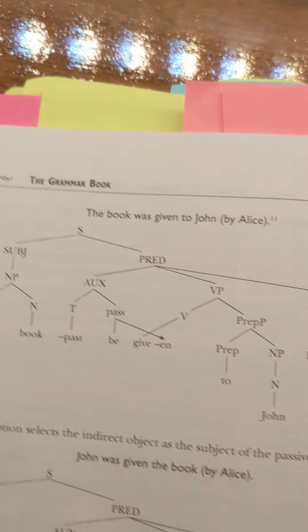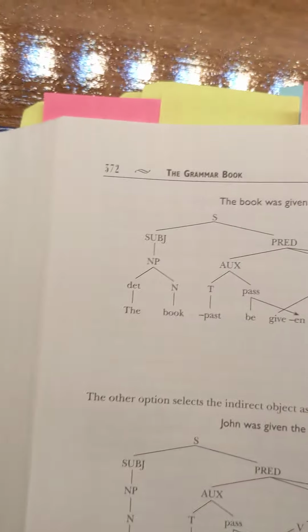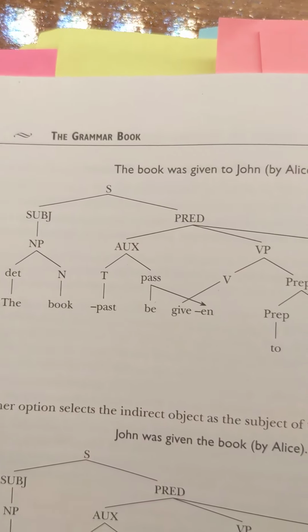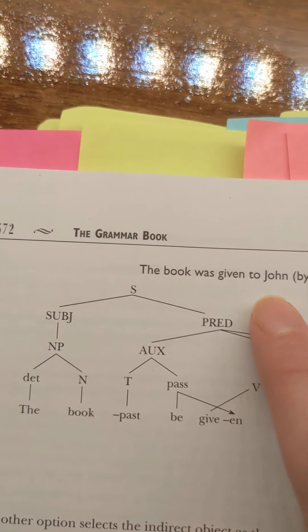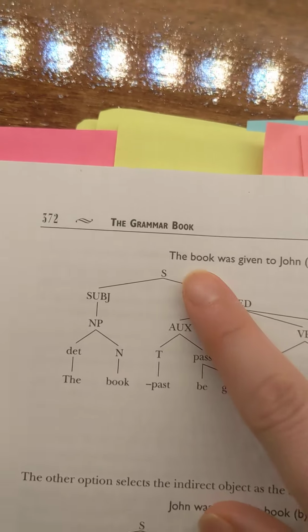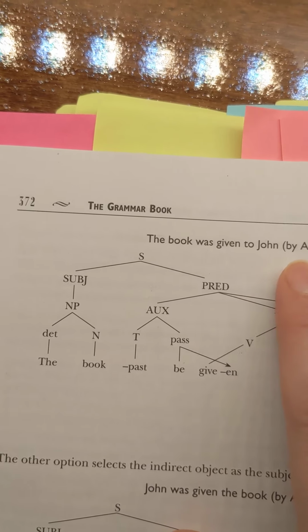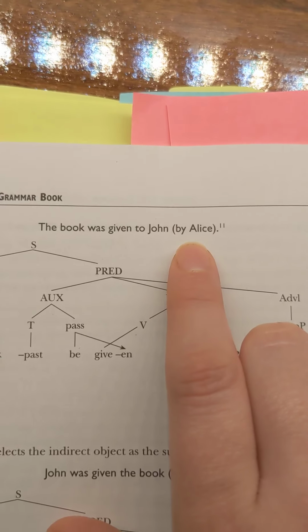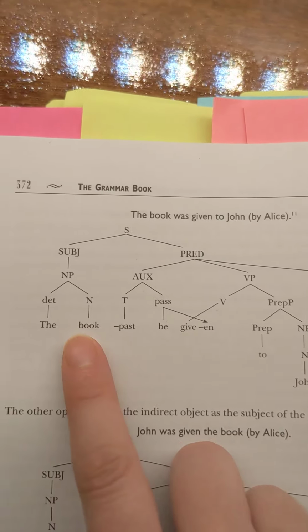Okay? Now, this is what indirect objects will look like in the passive voice when you diagram them. So instead of Alice gave John the book, we have the book was given to John by Alice. By Alice is not necessary here.